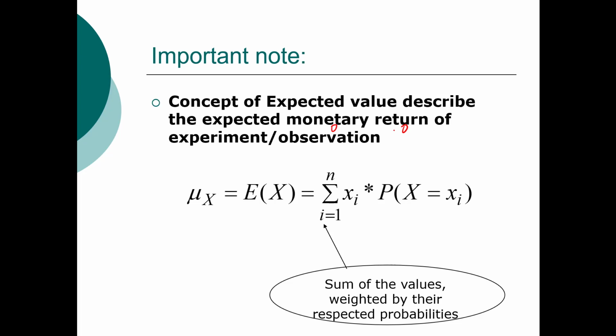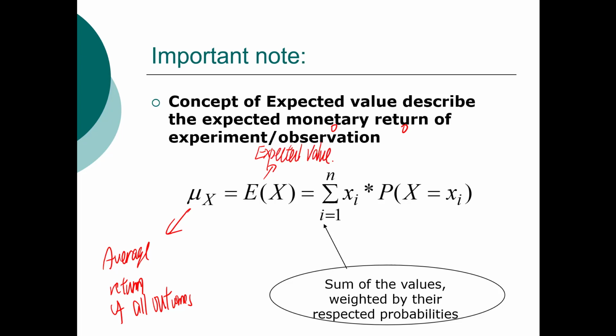We're talking about monetary return of experimental observations. And here, again, this is the formula we are using. Mu of x represents the average return of all outcomes. E of x represents expected value. And we are using this formula to calculate the expected value.